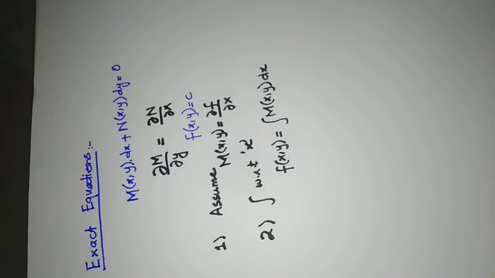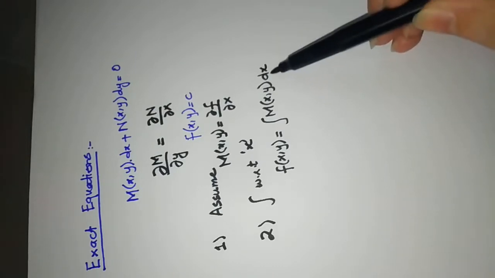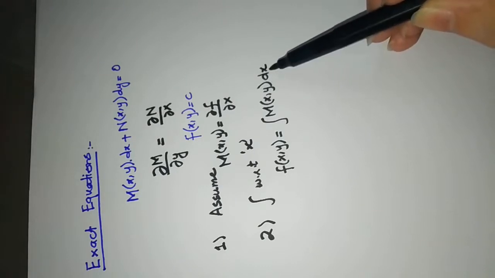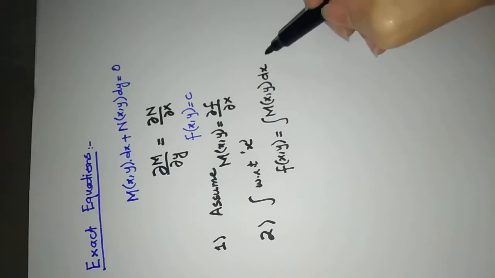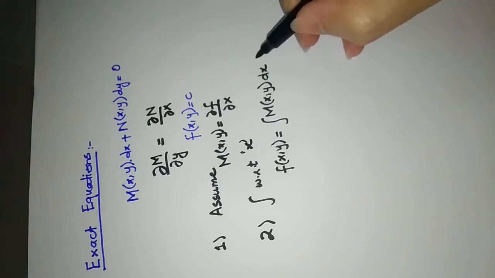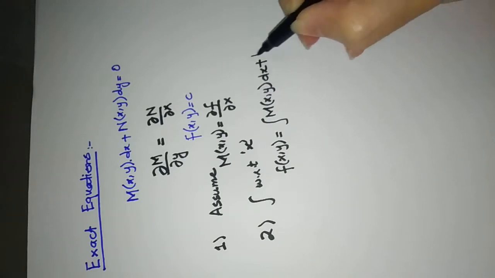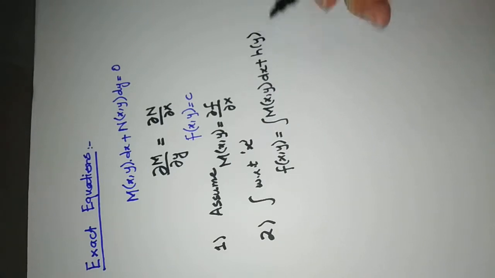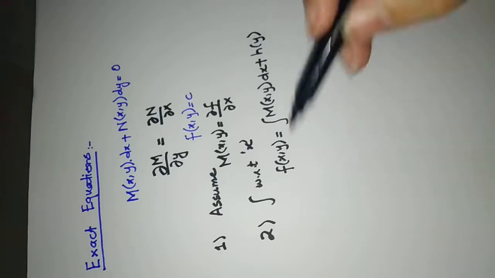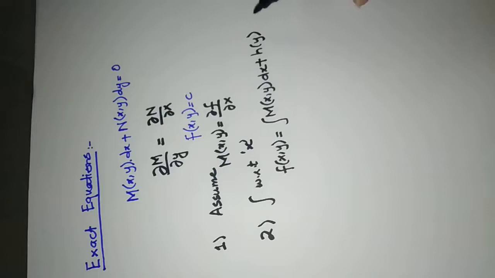Here we integrate with respect to x, so y is constant, and I add the constant of integration as h of y or g of y or something like that. We mention this equation as A.